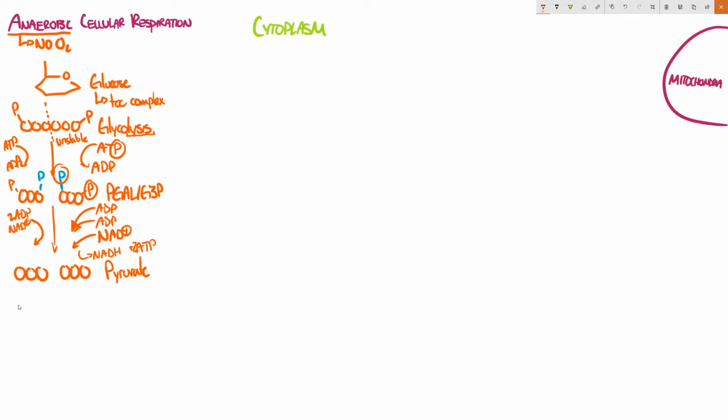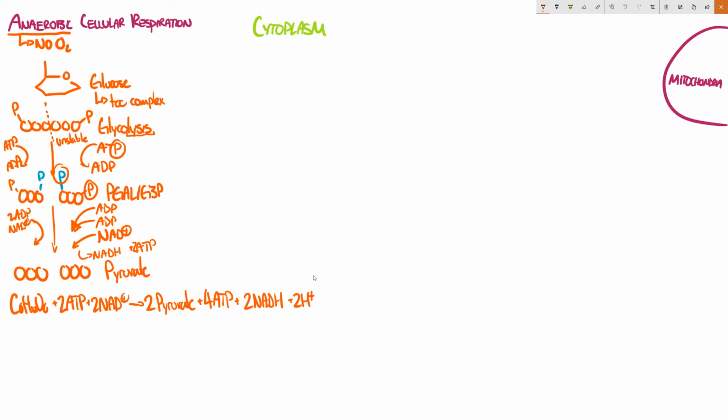So for our general equation, we have C6H12O6, or our glucose, plus 2 ATP, our energy invested, plus 2 NAD+. Those are our electron carriers, and that's going to form 2 pyruvate, 4 ATP, 2 NADH, and 2 hydrogen protons.